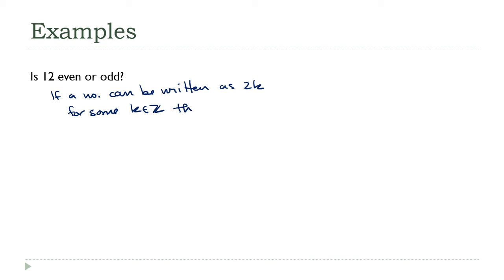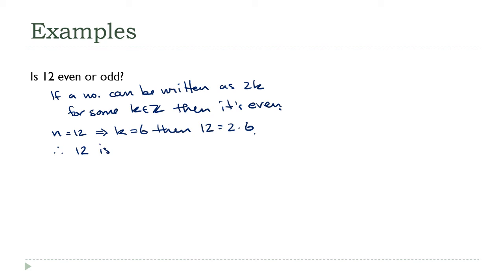Now, in this case, we want to talk about 12. So I'm going to say n equals 12, and if I take k equal to 6, then yes, 12 is equal to 2 times 6. So the k that the definition talks about does exist for 12, right? And what's my conclusion? Therefore, 12 is even.